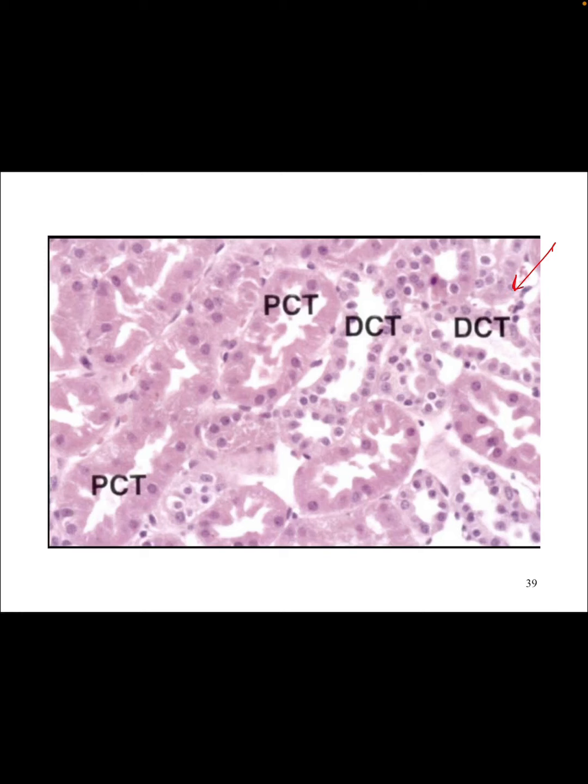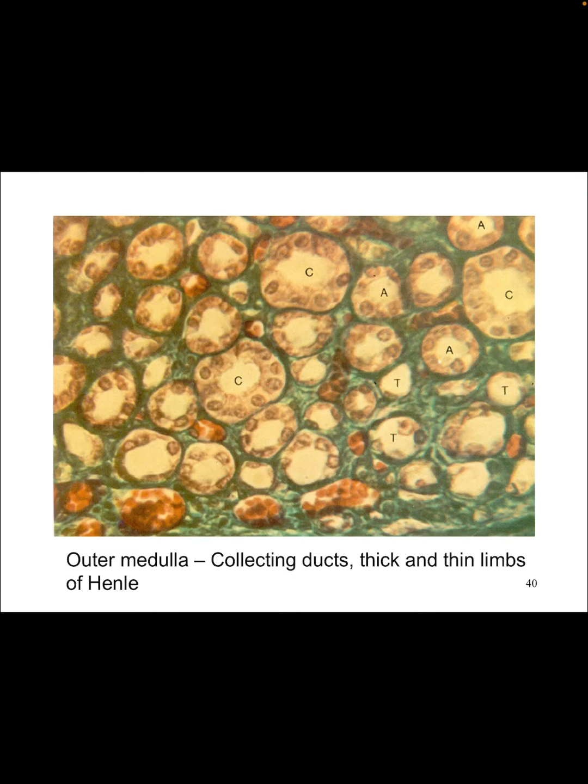This slide here is the area of the cortex, and we can see these tubules. We have the distal convoluted and we have the proximal. See here, the lumen is wider compared to this one here, and here we could not see the brush border, which is the landmark for the proximal convoluted tubules.